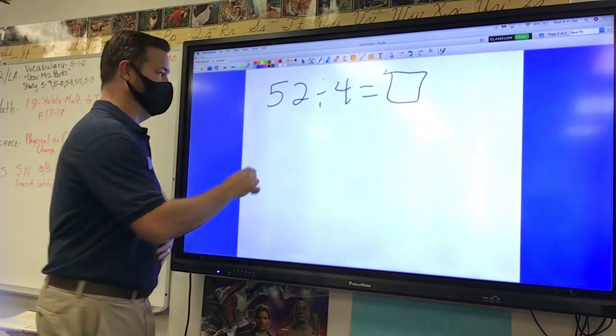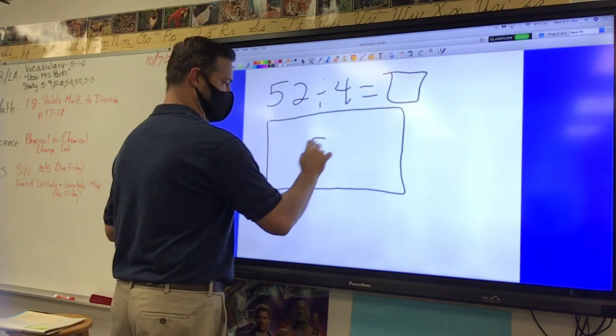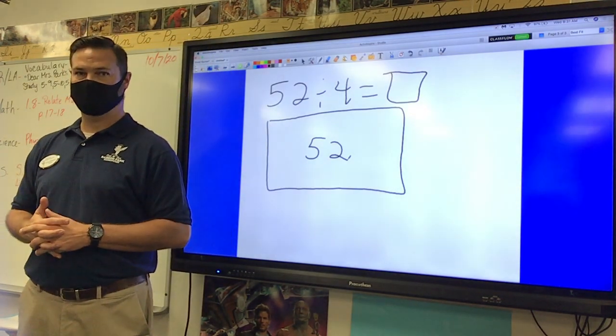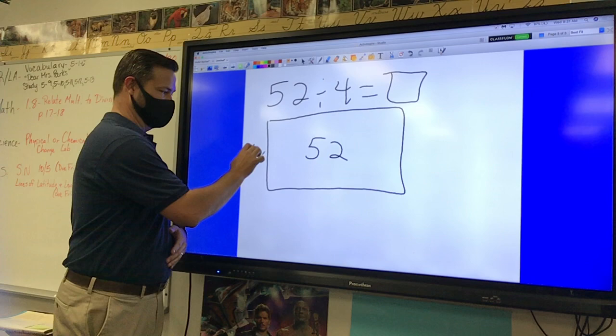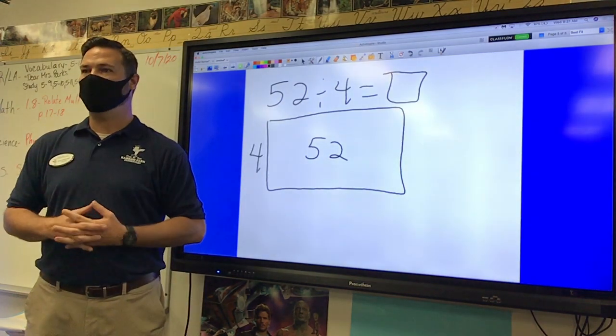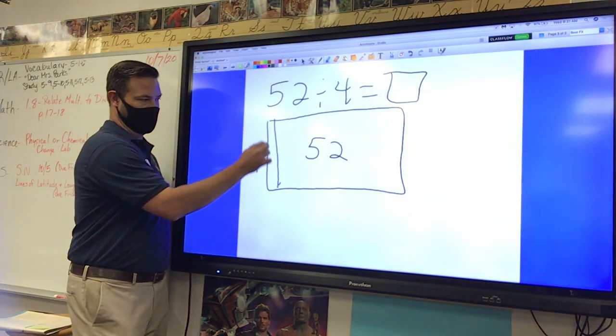So what if I did this: this whole thing is 52, right? I have 52 crayons, and I'm dividing them amongst 4 friends. How much does each one have? Couldn't I just say, okay, I'm going to do a column of 4, right?